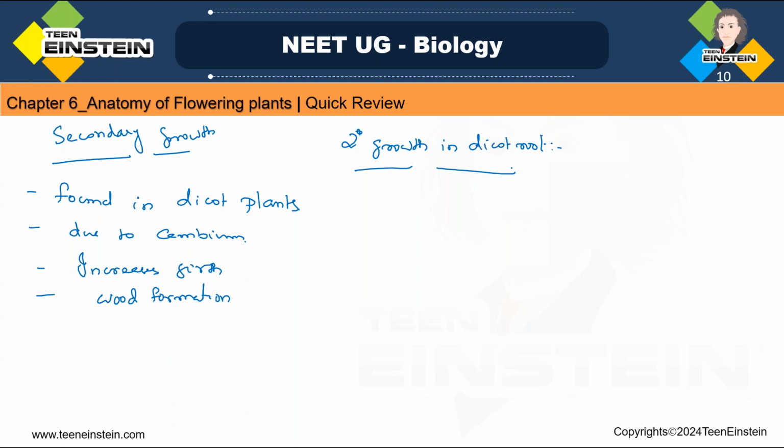Actually, the secondary growth in dicot root takes place in the stelar region, that means in the stele region, and in the extrastelar region. Both in the stelar region and in the extrastelar region, it is taking place. In the stele region, how is it taking place? By vascular cambium.